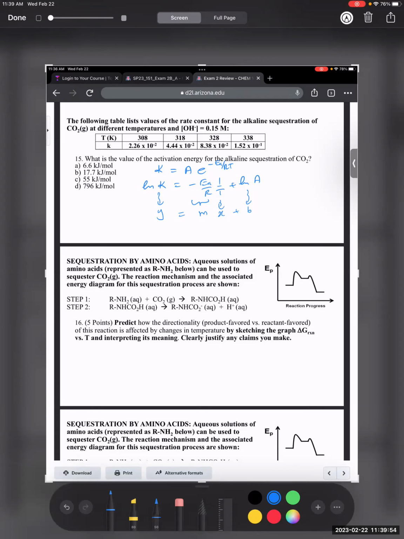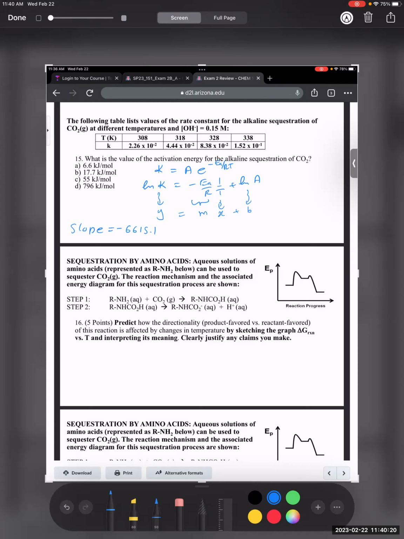Okay. All right, very good. It looks very linear. Then the slope of this graph happens to be minus 6615.1.